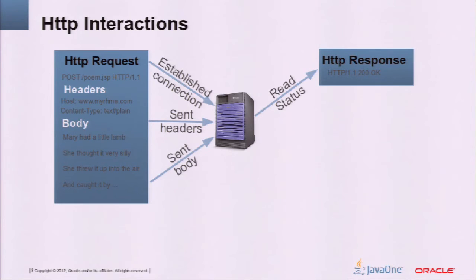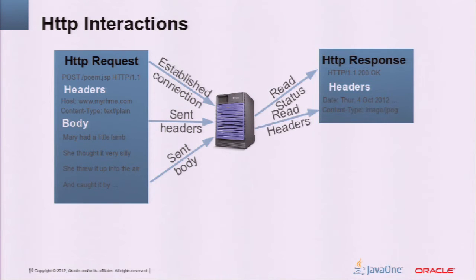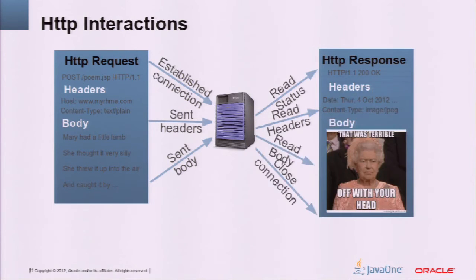And then, of course, we all know there are any number of statuses that mean lots of different things. But in general, after that, the headers are transmitted. And then finally, either right after the headers or on demand from the client, depending on the implementation, the body is sent back. So here the server wasn't very happy, so it wants the Queen to chop your head off.